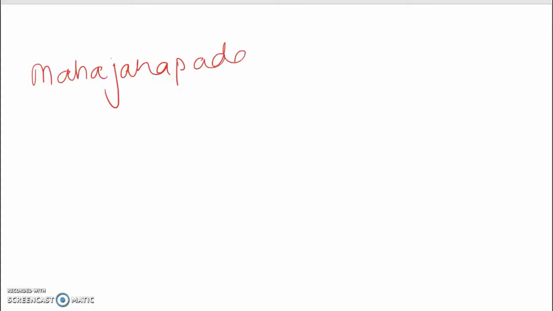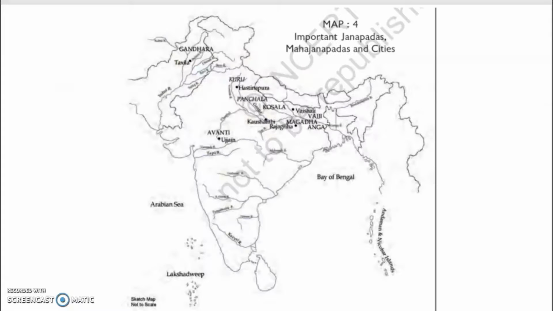So guys, what happened is, in India, if you see, I showed you some of the important Janapads here, right? This is one of them. Those important Janapads that were ruled by a ruler, that were controlled by the ruler, some of them turned out to be more important, more influential, right?